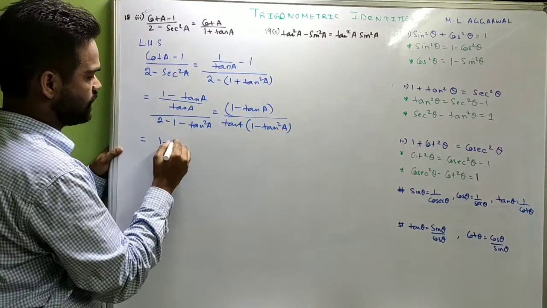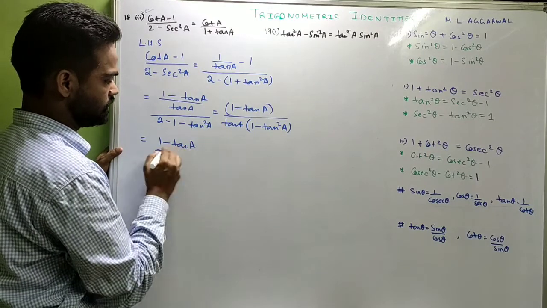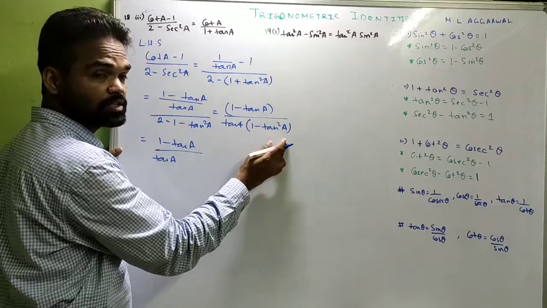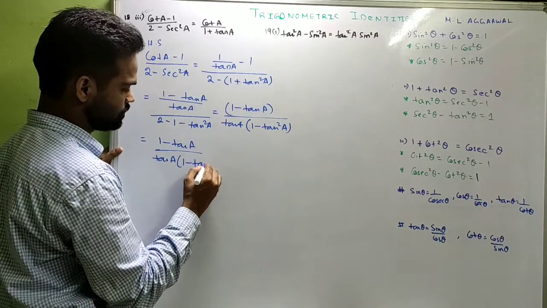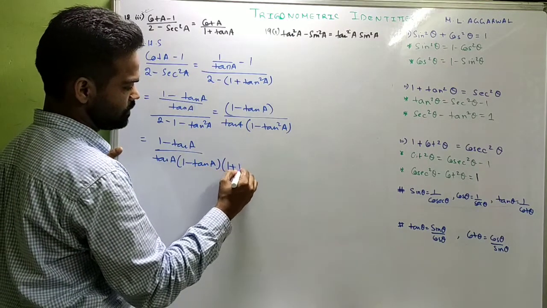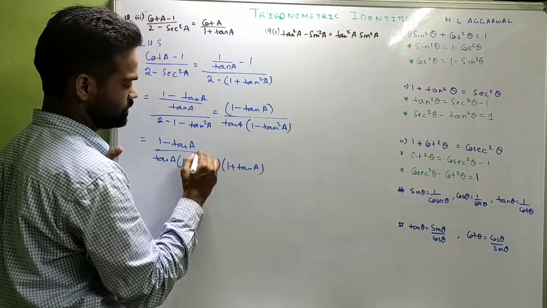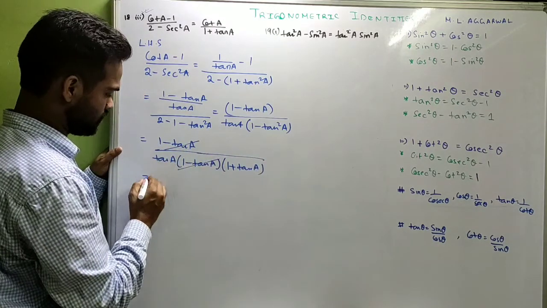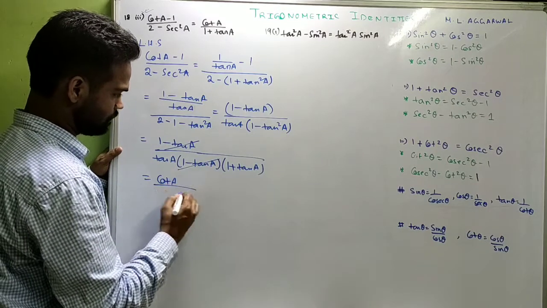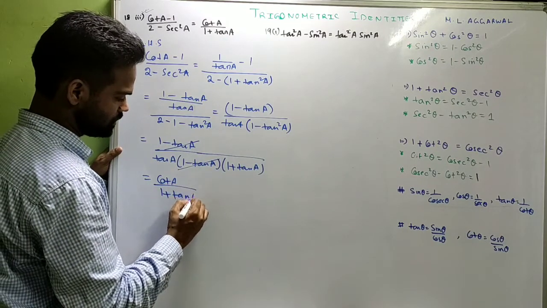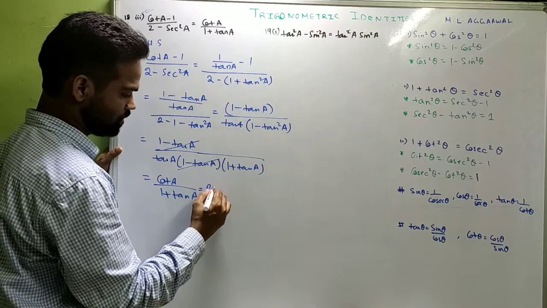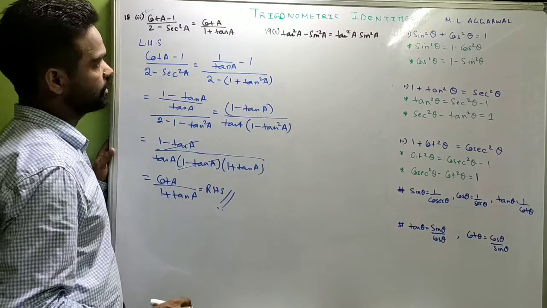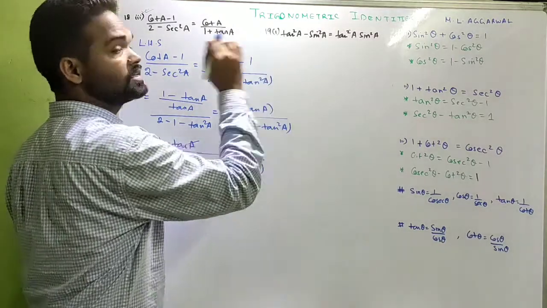So this becomes 1 minus tan A by tan A, and a square minus b square is a minus b and a plus b, isn't it? This and this cancel out. Now 1 by tan is cot. So cot A by 1 plus tan A. And this is your RHS if you look carefully. Done. Okay. Now let us look at 19 part 1.